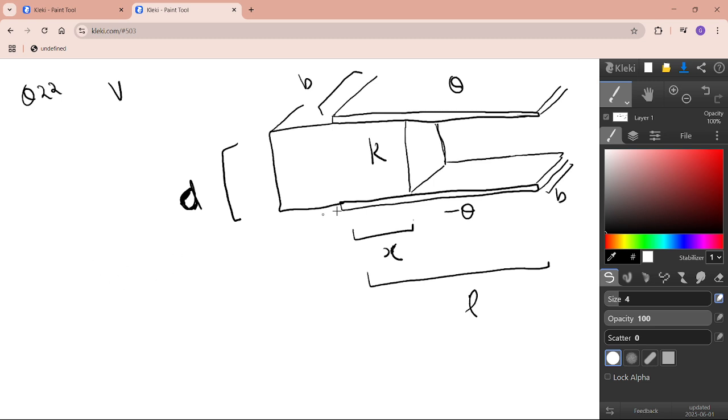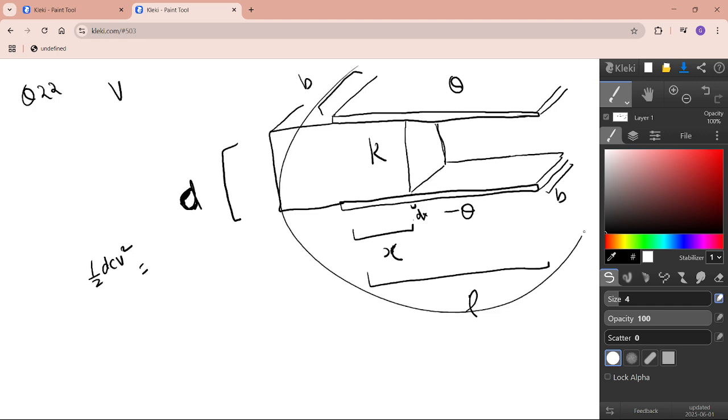See the energy of the system, how much is it? Let's assume a small length dx is also being pushed. So how much is the change in potential energy? Of course, the change in potential energy will be half dC V square. And how much will be the work done by the battery?